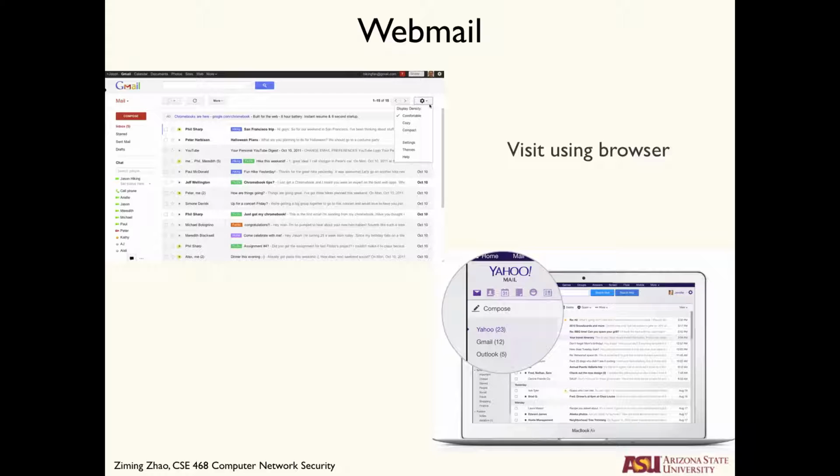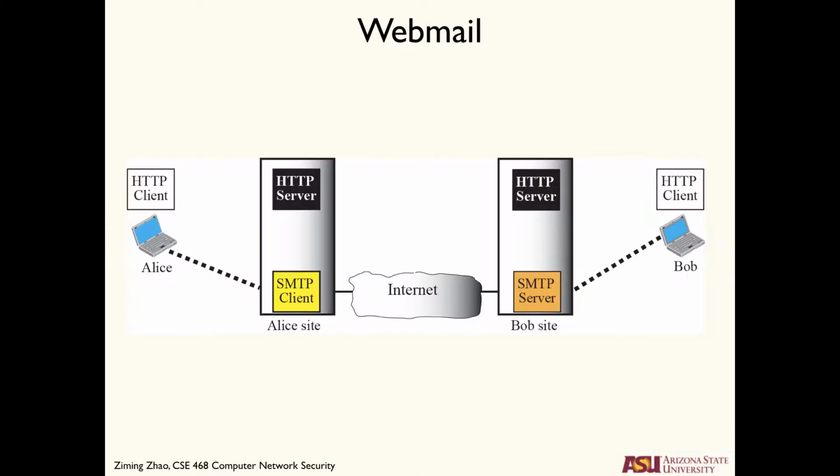So because we are using browsers, and we know browsers do not use other protocols, they only use HTTP. So in this case, the protocol will be different. First, when Alice wants to send out an email to Bob, Alice will have a browser, and the browser will construct a connection with the HTTP server.